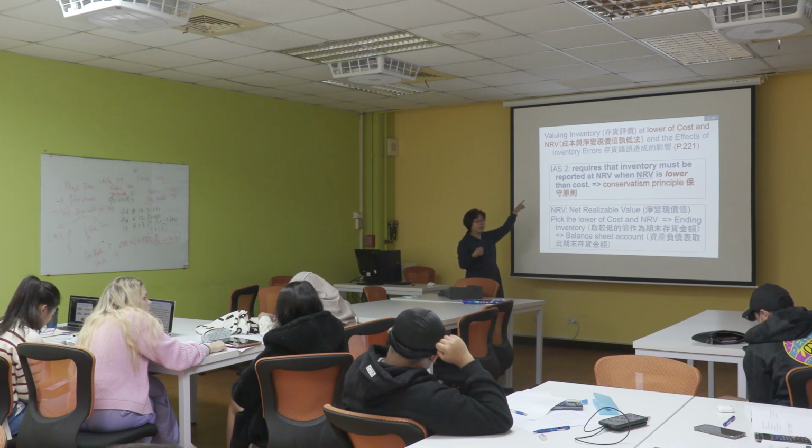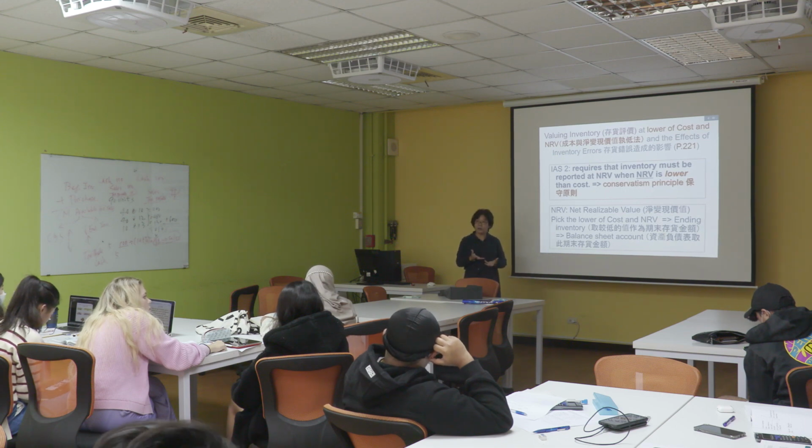That's why we calculate the NRV first. For this class, it is very early principles of accounting, so it will not be so complicated. You just need to get the concept: how to get NRV, the formula, and after you have NRV, you compare to cost, then pick up the lower one. That's the one for your inventory value.